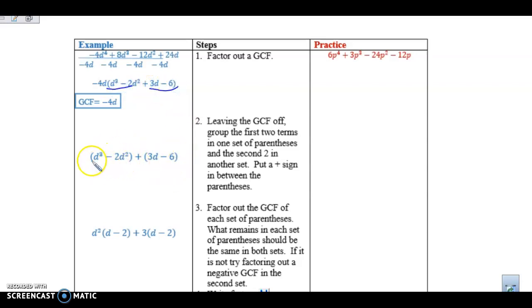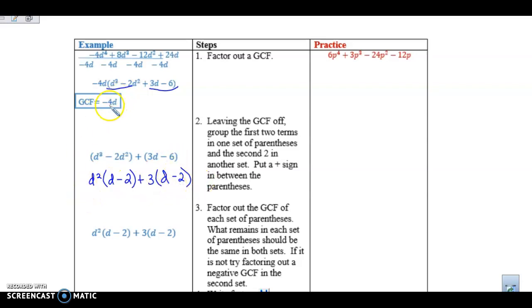So when you're looking at this one, d to the third power minus 2d to the second power, we're going to take d squared and get d minus 2. And over here, we can take 3 out, and that gives us d minus 2.